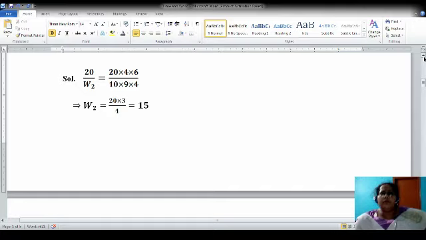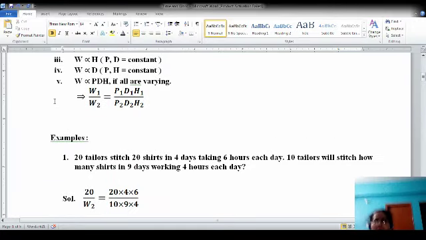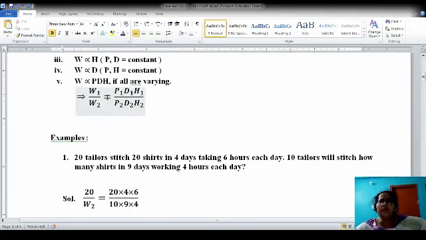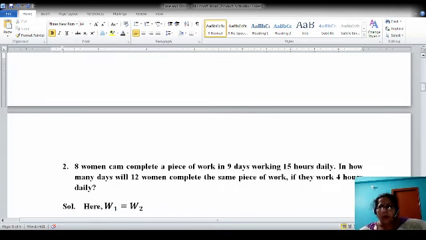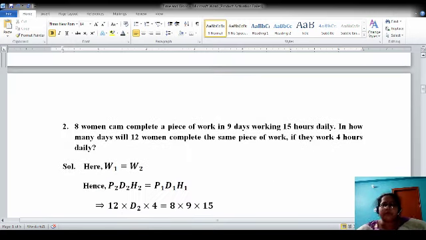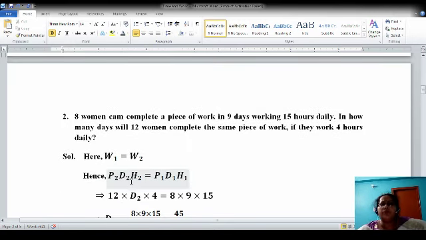Now if W1 equal to W2, let us come back to the formula. Then this formula leads us to P1 D1 H1 equal to P2 D2 H2. So that's what we will be using here. So P2 D2 H2 equal to P1 D1 H1. And now see what's happening here.